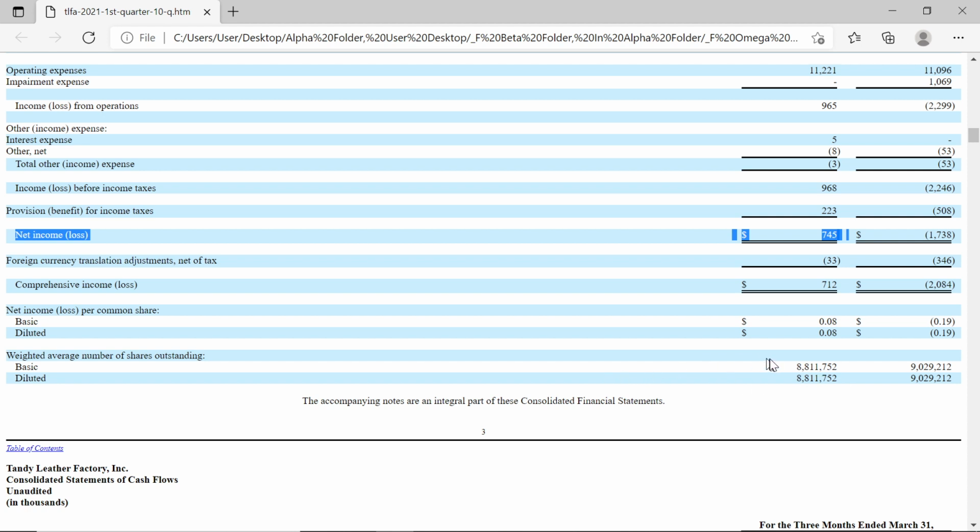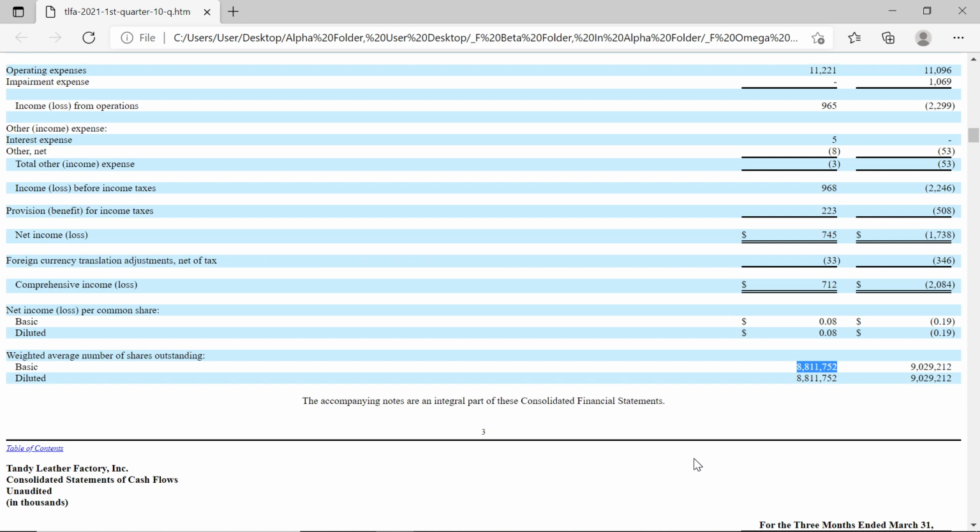And here we talk about the earnings per share number, which is simply $745,000 in this case, the net income divided by the number of shares outstanding. And here's the number of shares outstanding they used for that calculation. 8,811,752 shares.